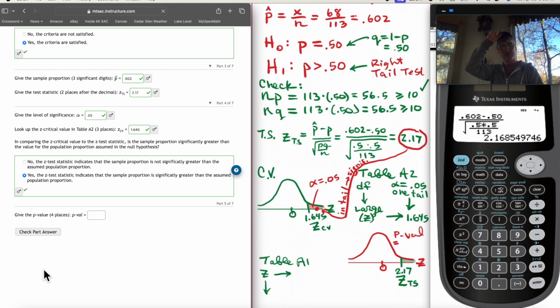If we look up 2.17, this is table A1, so we're going to go down to the 2.1 and then over to 0.07 to make 2.17 in table A1. Remember, this will give the area to the left of 2.17, but this is a right tail test, so we've got to be careful.